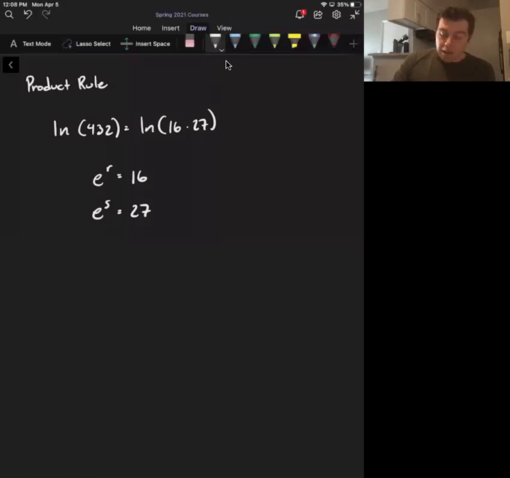And from the inverse property, or even just our definition of logarithm, it's not too hard to see that r will be ln of 16, and that s will be ln of 27. This would be a good point to pause the video, replace r with ln of 16, and look at the inverse rule to see why ln of 16 is what r would have to be.